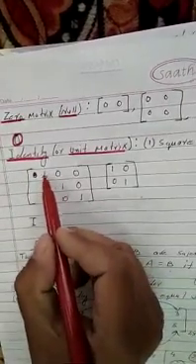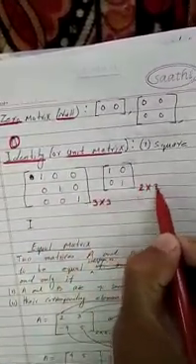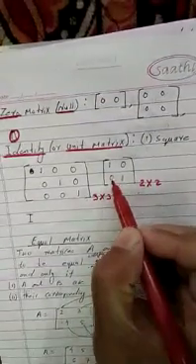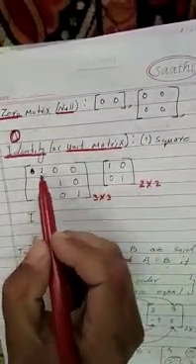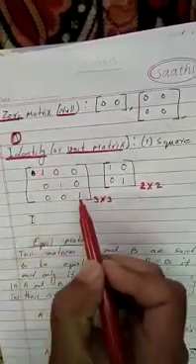Out here we have 3 rows and 3 columns, so this is a square matrix. Out here we have 2 rows and 2 columns. So diagonal elements are 1 and all other elements are 0. When I say diagonal in this matrix, it is from the top left to bottom right.